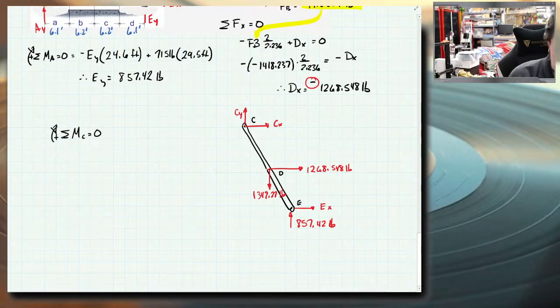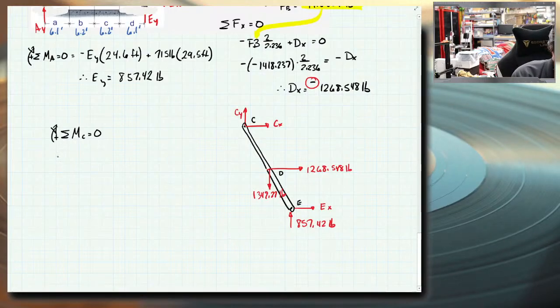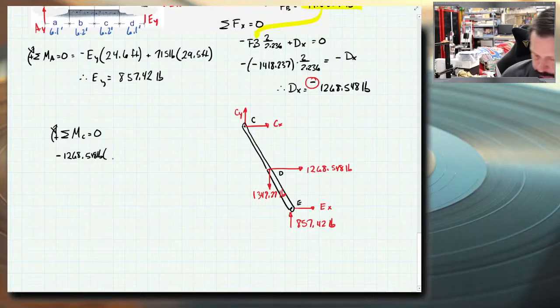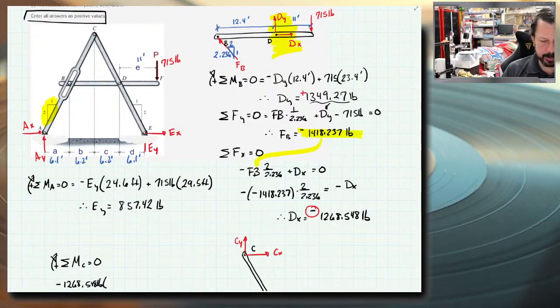Clockwise, positive. I've got the DX value creating a counterclockwise moment, so minus 1268.548 pounds. That moment arm is not given to us, so we have to figure it out.